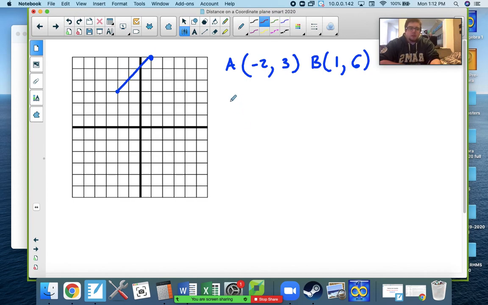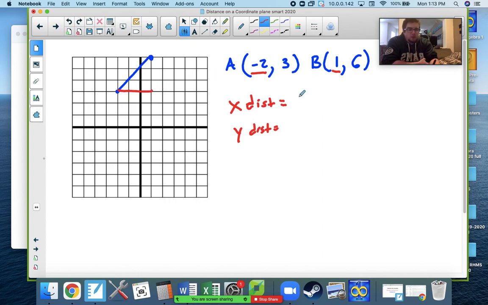But instead what we can do is find our horizontal distance, our x distance here, and our y distance here, and set up our problem this way. So I'm going to look at my x coordinates only. How far away is -2 from 1? So that's measuring this length right here, just without having to graph it.